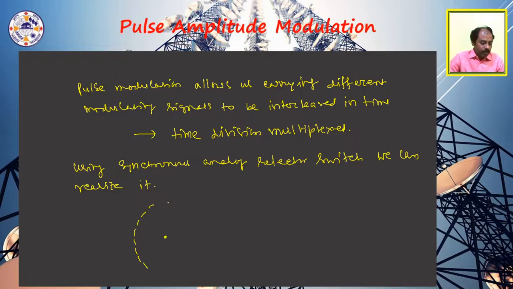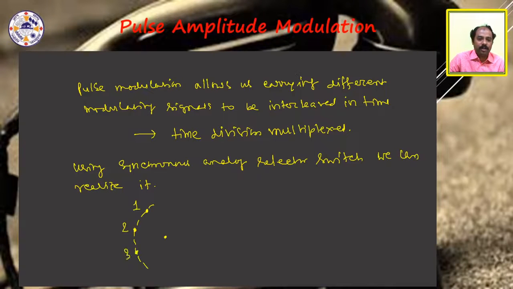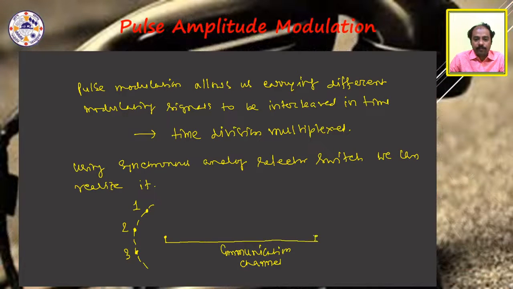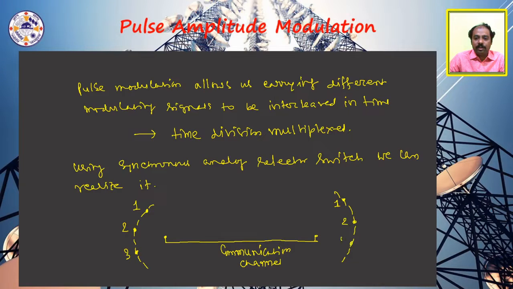Now we are using a switch. Say this is the first position, this is the second position, this is the third position, etc. And this is the communication channel, and here is another switch. So this is 1, this is 2, this is 3.